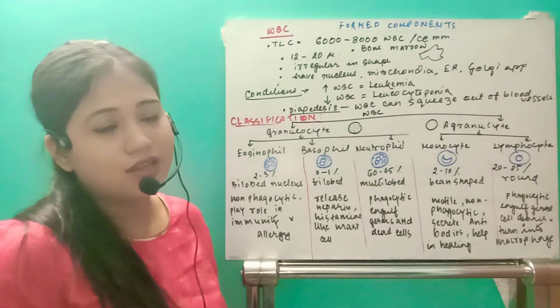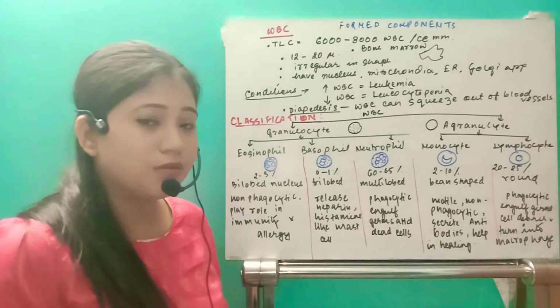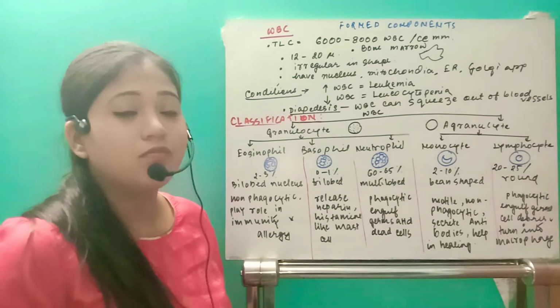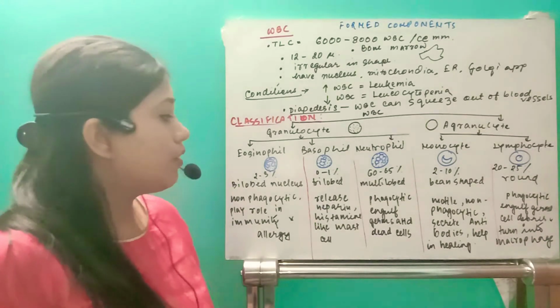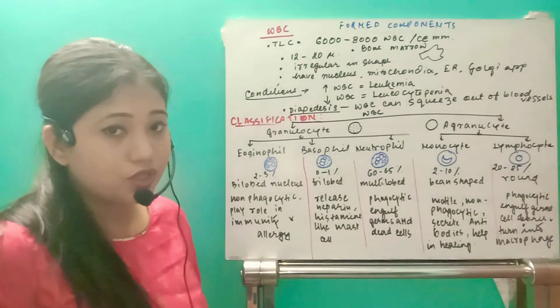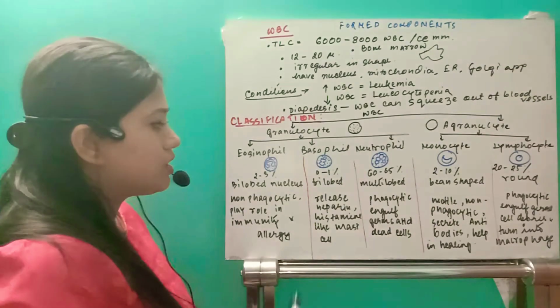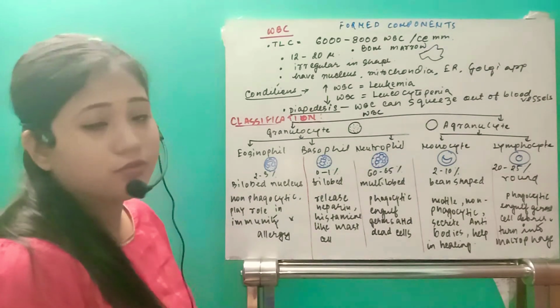The second question that is asked: in case of the WBCs, which is found in minimum amount and which is found in maximum amount? So first of all, we need to know their concentration also. If it is eosinophil, this is around 2 to 3%. If it is basophil, this is going to be very important.